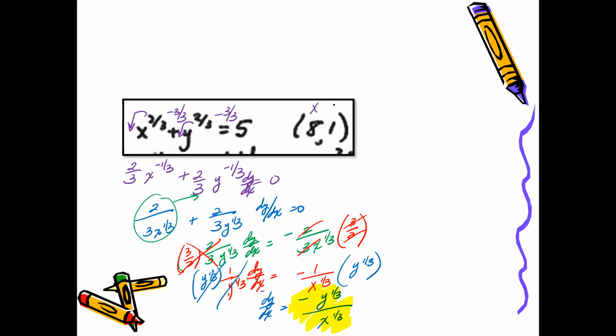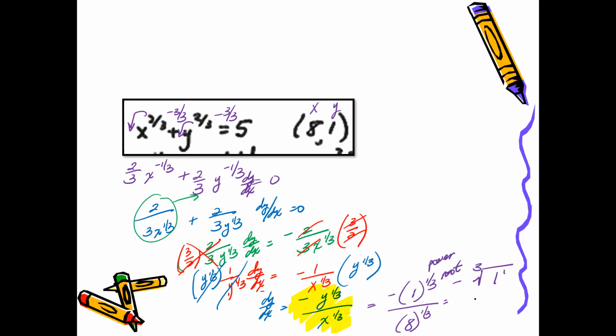So, x is 8, y is 1. Then it is going to be a negative 1 to the 1/3 divided by 8 to the 1/3. You can write this as a root. Remember this, the numerator is the power, the denominator is the root.